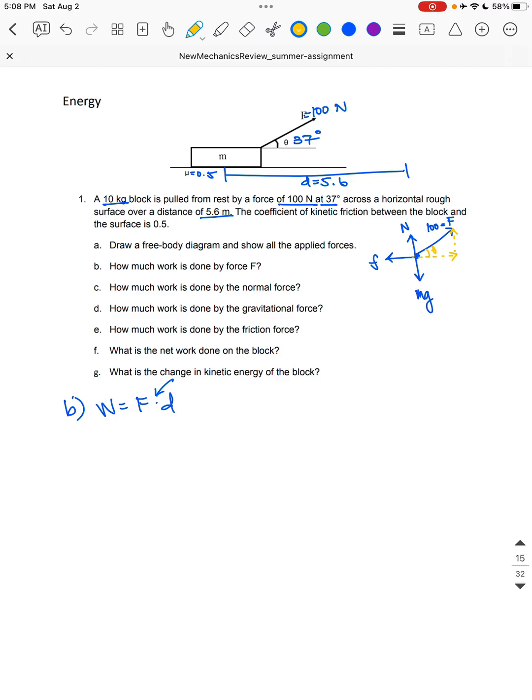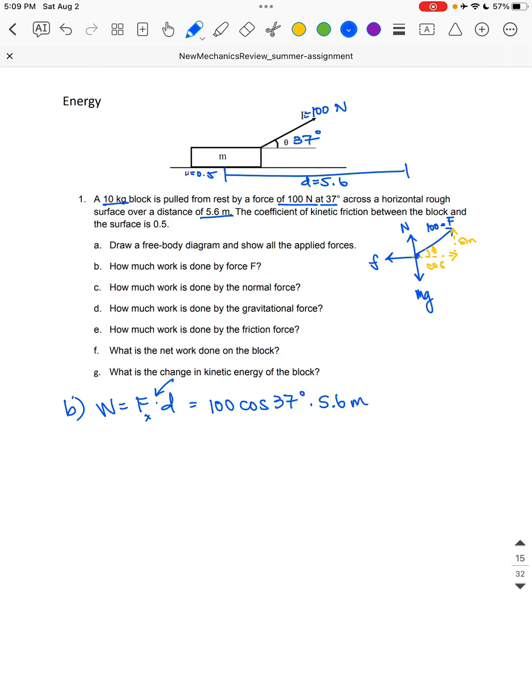When I break down the components, I usually just write the trig function, but I know that it's going to be 100 times the trig function, which in this case is cosine because it's adjacent over hypotenuse. And then the y component is sine because it's opposite over hypotenuse. So here I am going to plug in the fact that I need the x component, and my equation is going to be a force of 100 cosine of 37 dot the distance, which is 5.6 meters.